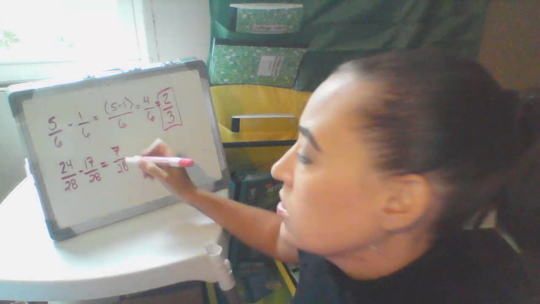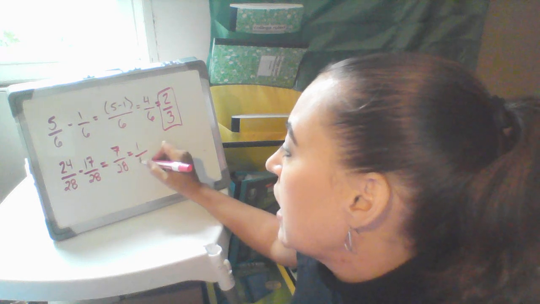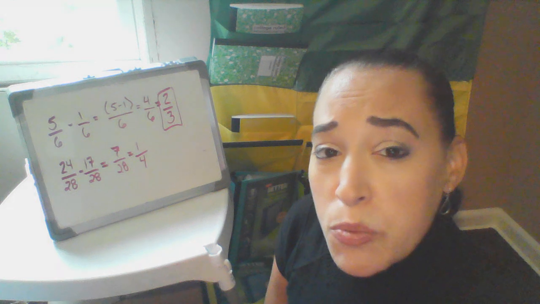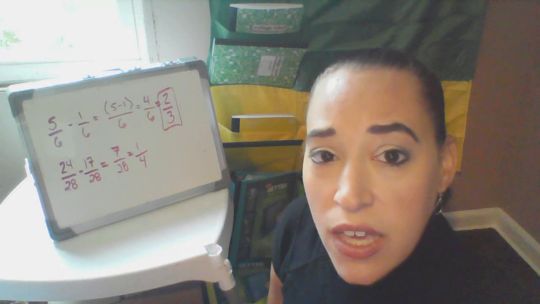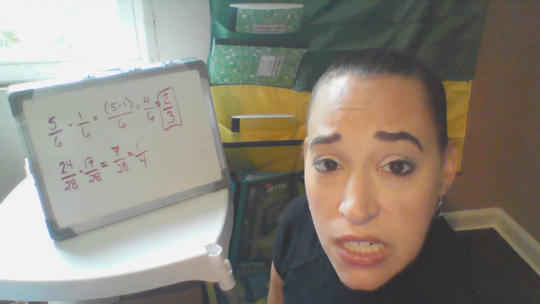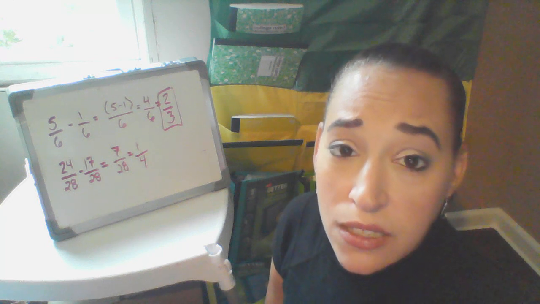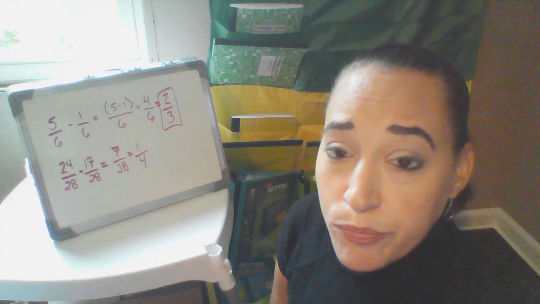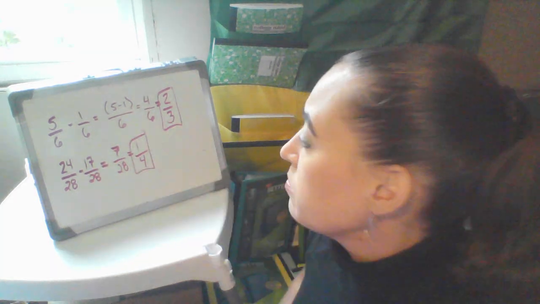So 7 goes into 7 one time, 7 goes into 28 four times. If you don't know your multiplication tables by heart, you would just use your calculator and divide to check if 7 goes into 28. That would be the most simplified form.